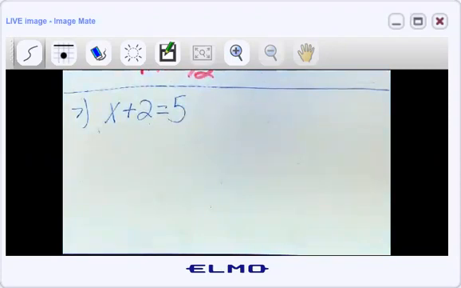Because if you take a look at this, you realize, hey, wait a minute, I can't put this in y equals mx plus b form.